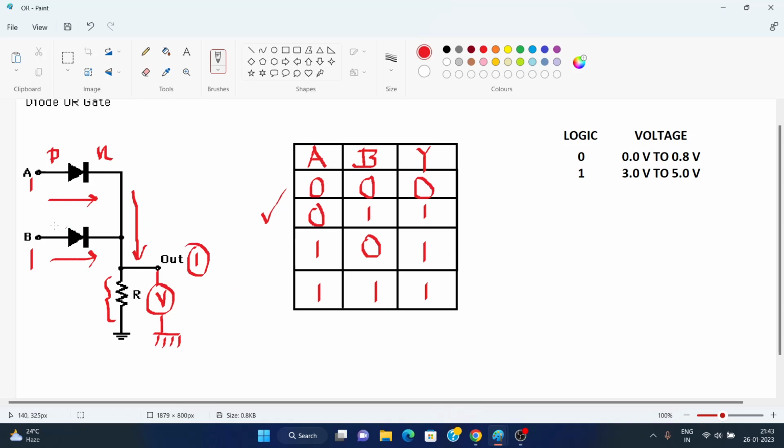Because both of them have their forward diode voltage 0.7 volt, which will drop across these two diodes for silicon diodes, and the rest of the voltage will drop across this resistance, which will be enough to declare this logic as 1. So this we can understand.